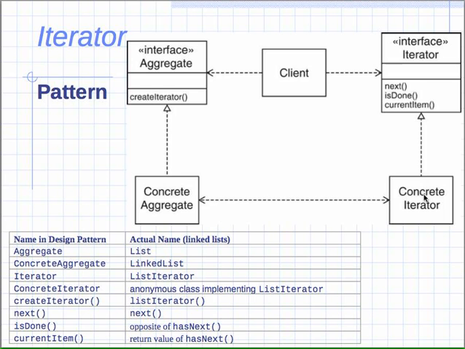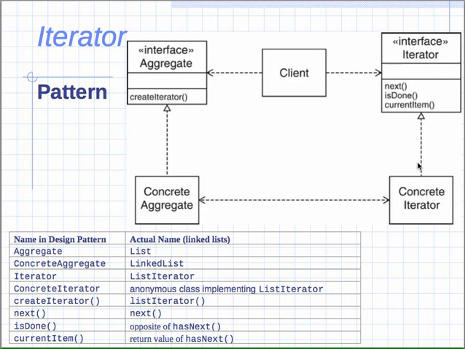So where are they implemented? They're implemented over here, and these two objects sort of depend on each other. If you're not used to these UML diagrams, this means dependency. That is, this client somewhere might have a temporary variable or a parameter that is of type aggregate, in Java would be List. So that's what this dotted arrow with an arrowhead means, dependency. The client might also depend on an iterator. It might actually have a temporary variable of type iterator, but actually create an object that is of type concrete iterator.